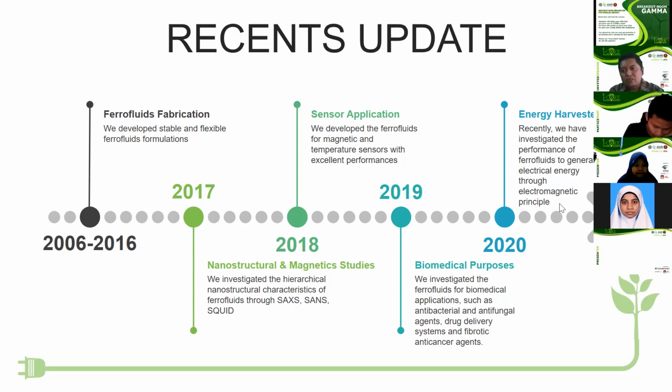Without small angle neutron scattering, it is very difficult to study the magnetic properties, because ferrofluid can interact not only with particles or electrons, but also with neutrons. This is the most powerful property of why we use ferrofluid.